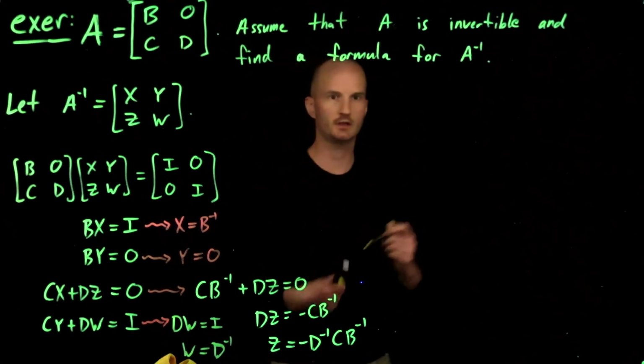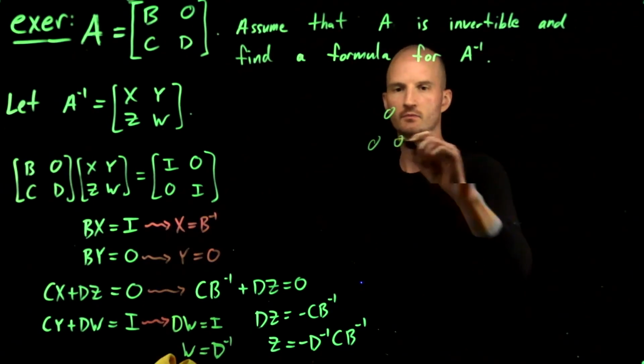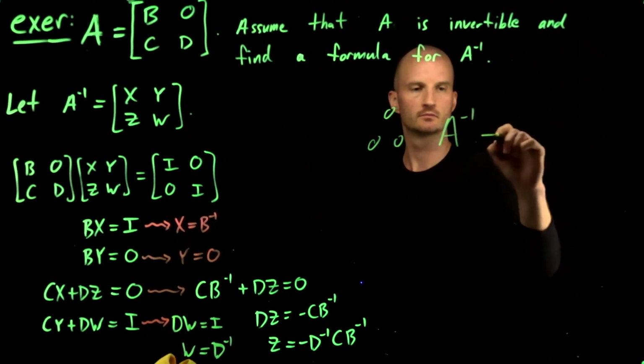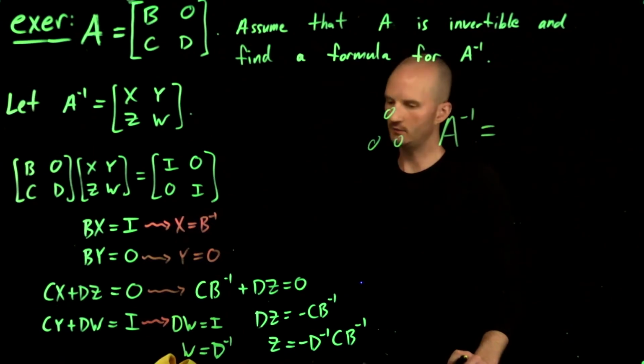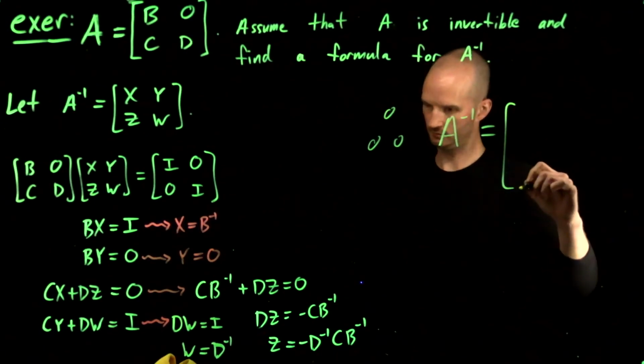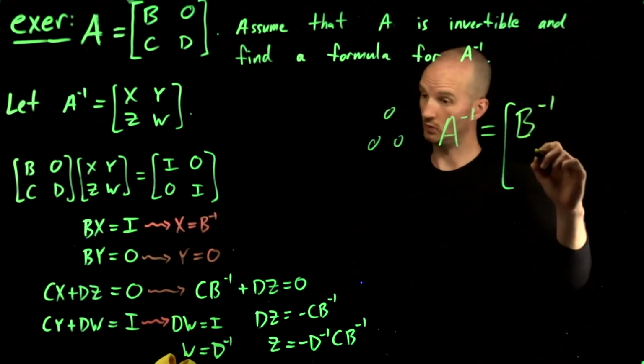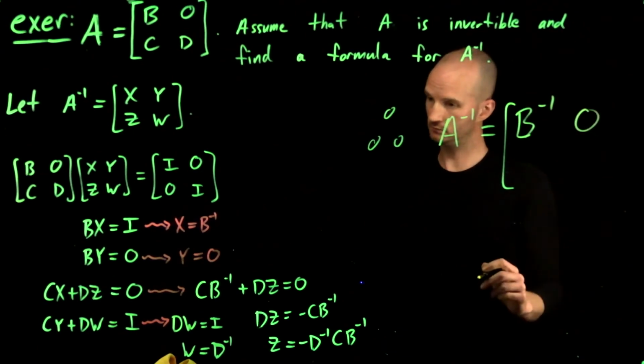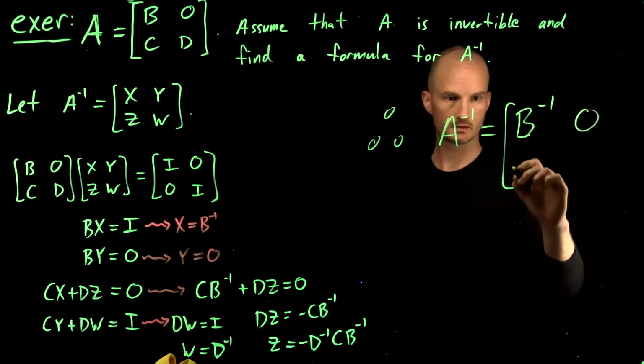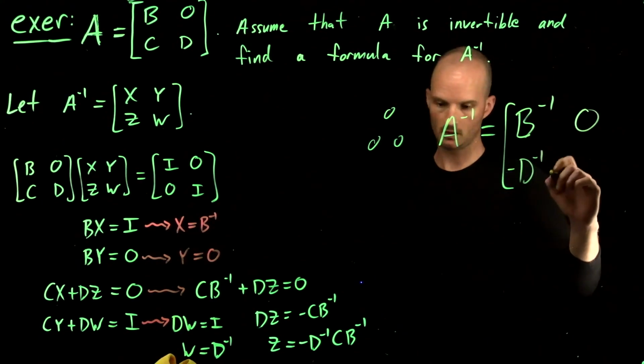Okay, finally, write down my answer. A inverse is x, y, z, w. B inverse, y is 0. Z is this thingamajig.